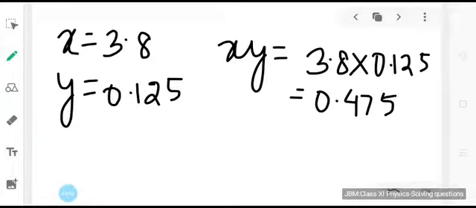As the least number of significant figures is 2, that was in x.